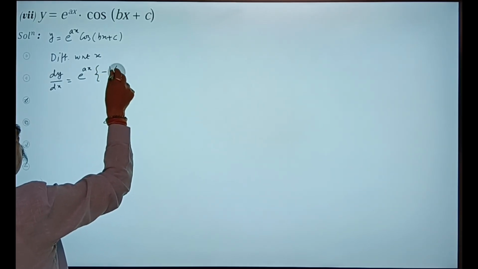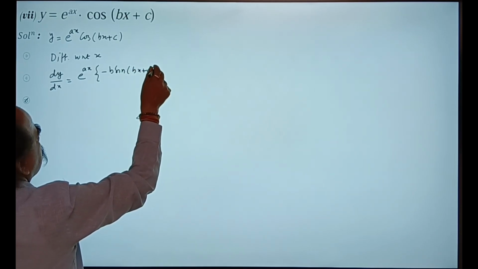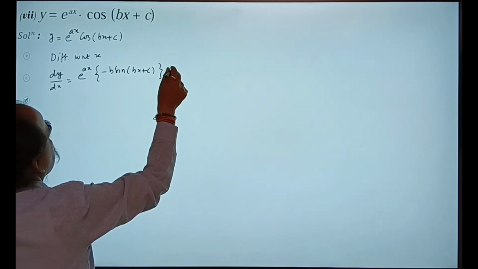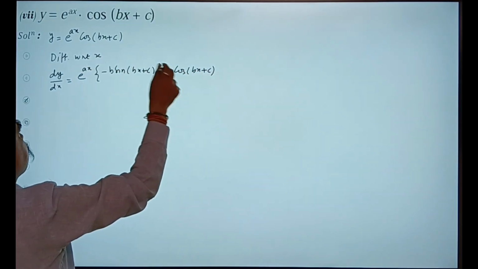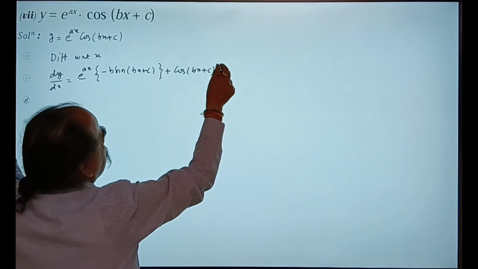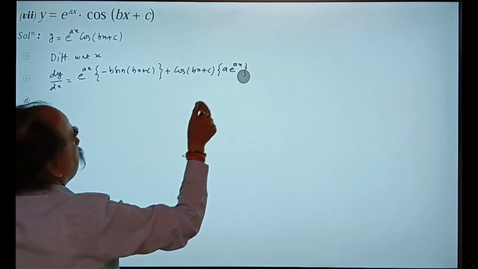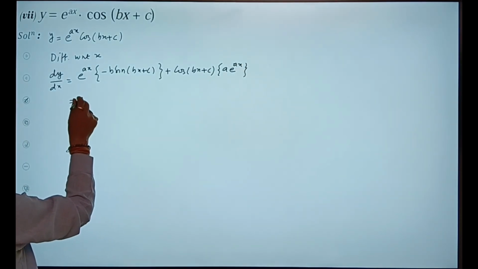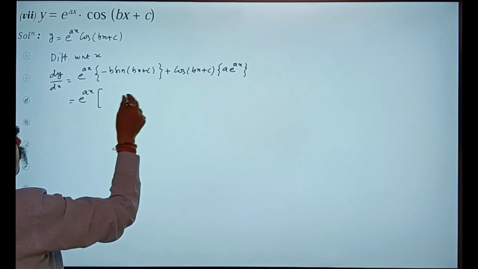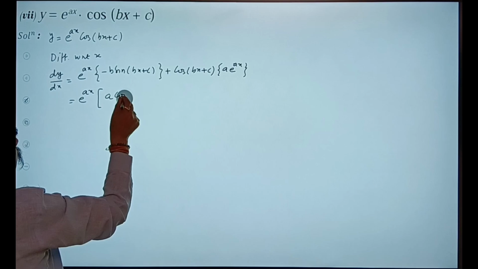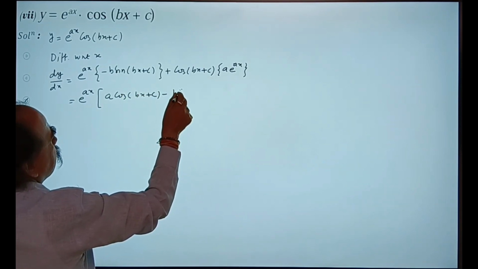Minus b sine bx plus c, plus cos bx plus c into derivative of e raised to ax is what? A e raised to ax. We can take e raised to ax common. So in bracket we'll get a cos bx plus c minus b sine bx plus c.